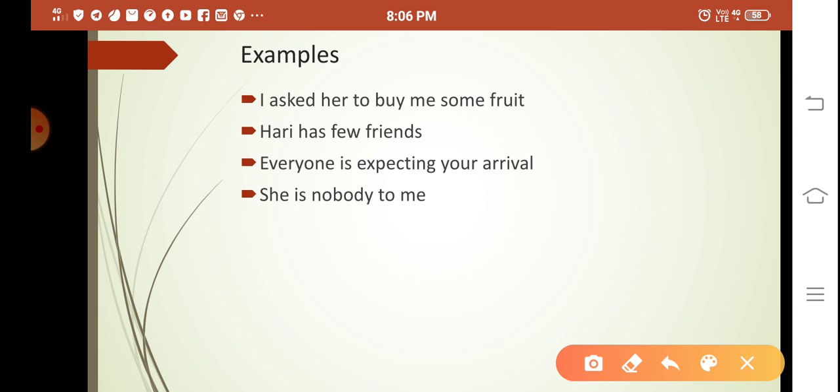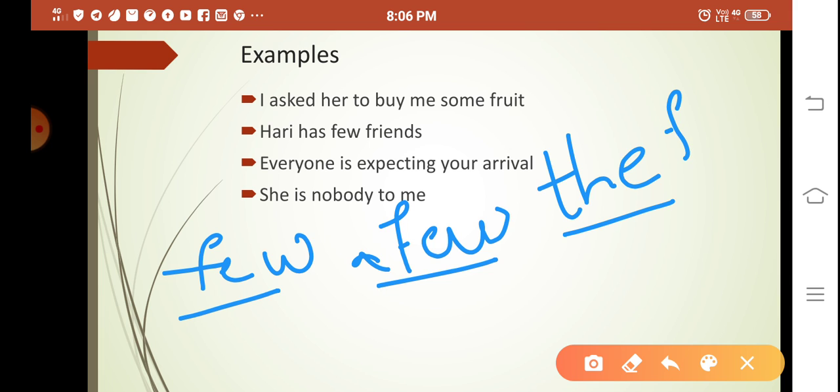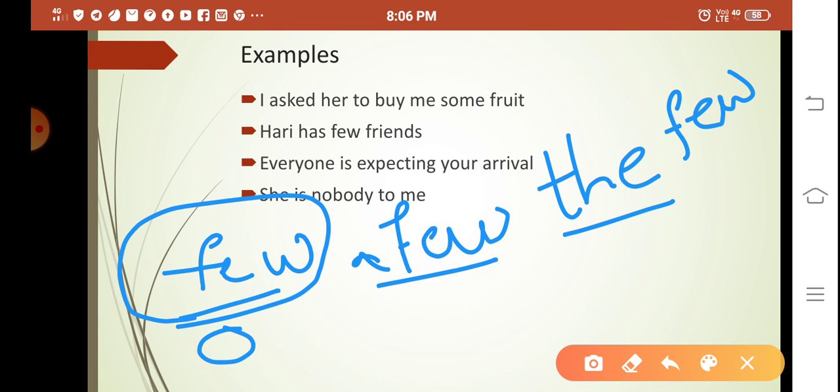We do not know. So here, always remember: few, a few, the few. There is a difference among these. See, few means it is almost nothing, almost zero. A few means some.